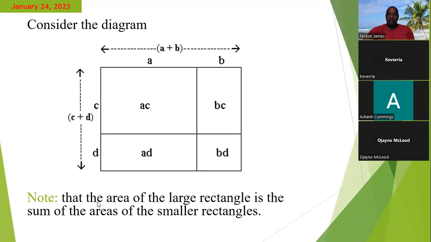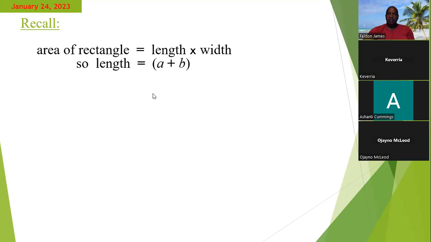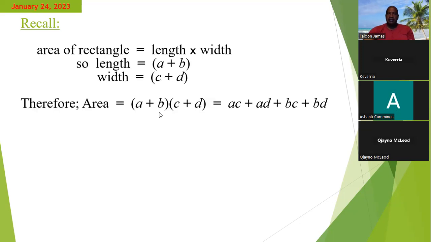All right, so note that the area of the large rectangle is the sum of the areas of the smaller rectangles. All right, so using that without the diagram, we simply can multiply binomials by following these properties.